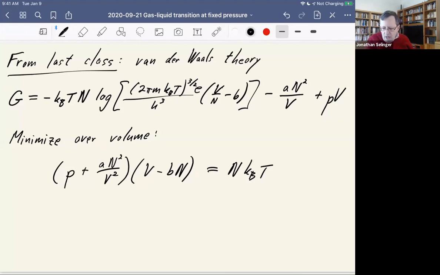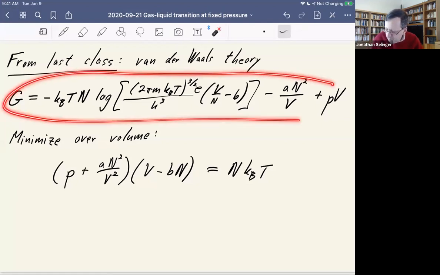When the molecules are far away, they feel a little bit of an attractive potential energy pulling them together. So I put them into the theory, and my derivation was not really rigorous. It was a little bit of hand waving, as we say. But in the end, it did give a specific expression for the Gibbs free energy, which is this thing.